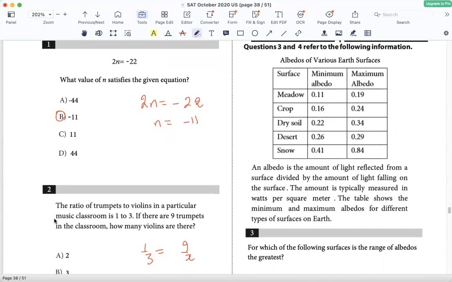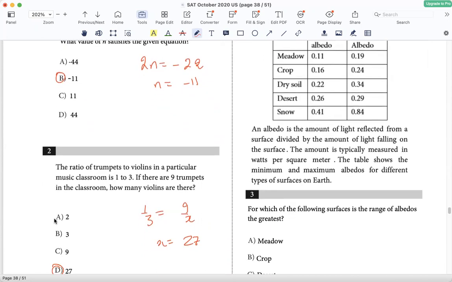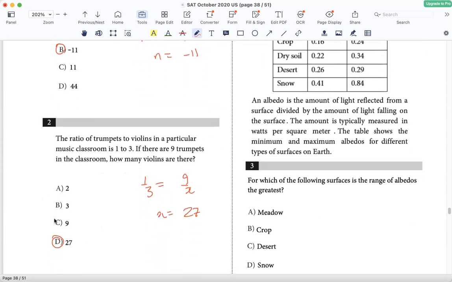Albedo is the amount of light reflected from a surface divided by the amount of light falling on the surface. The amount is typically measured in watts per square meter. The table shows the minimum and maximum albedos for different types of surfaces on Earth. For which of the following surfaces is the range of albedos the greatest?